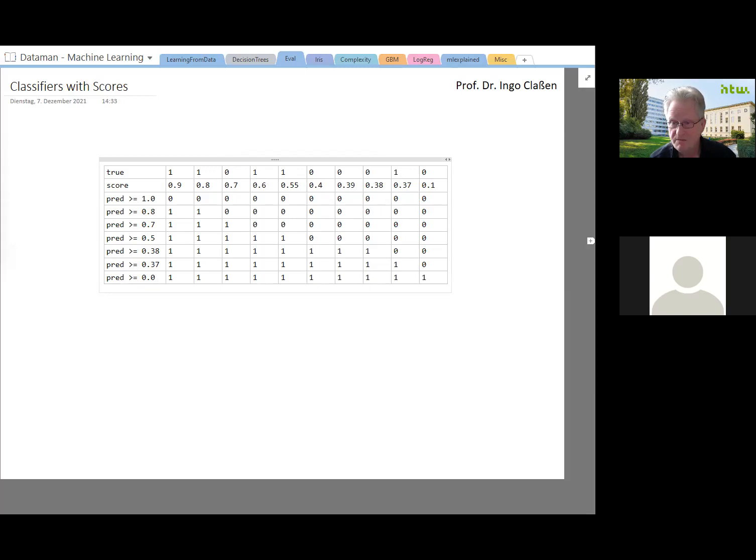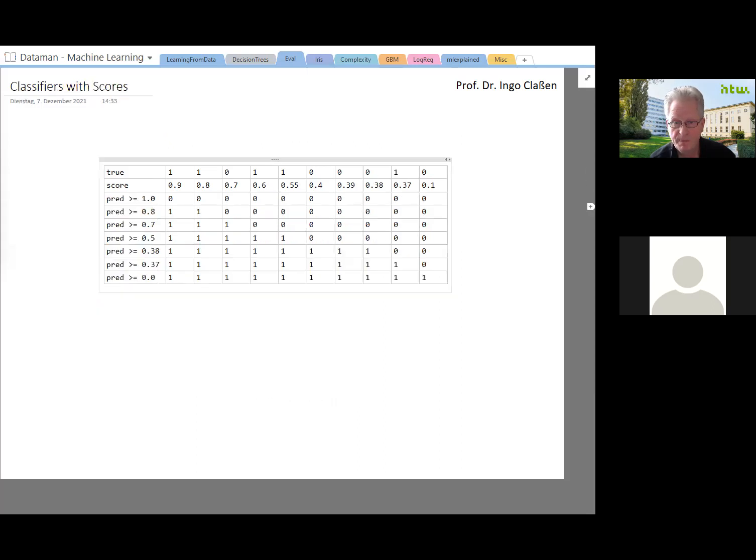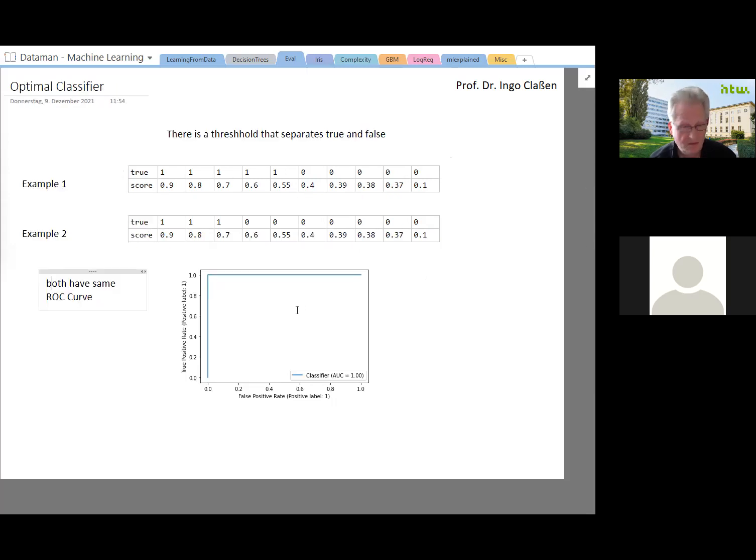The optimal classifier would look like that. If we take the sorting of the scores, then we also get the sorting according to the ones and then zeros. So first all ones and then all zeros. You see here, it's not the case. Here we have a 1, it's not sorted. So that would be an optimal classifier. In practice, of course, we don't have them.